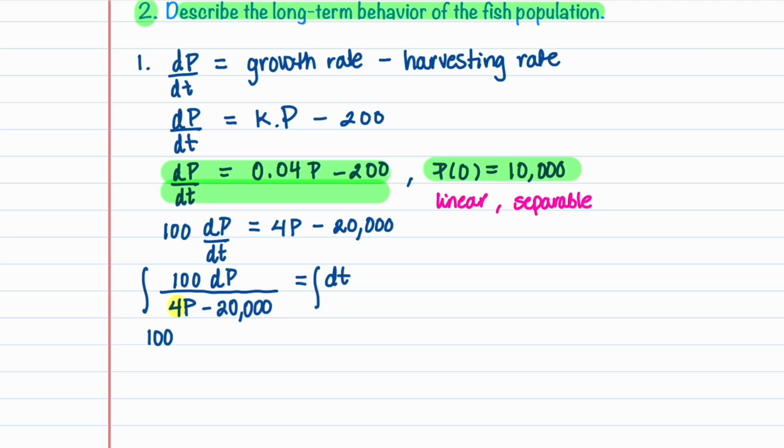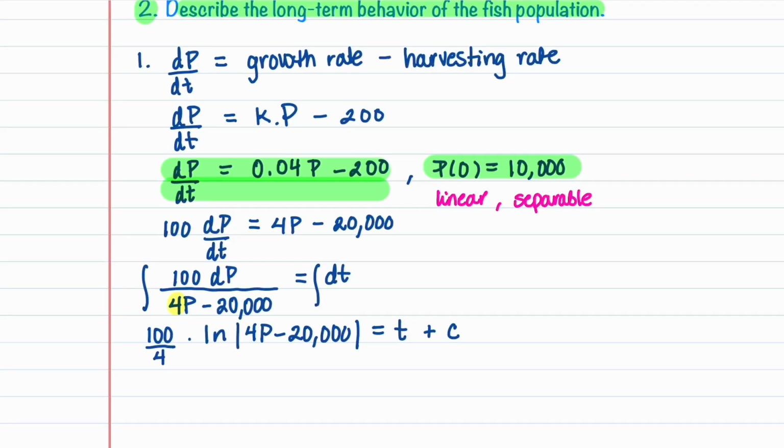So we are going to have to divide by 4. And that gives us natural log absolute value 4p minus 20,000. And on the right-hand side, we have a t, and then we add on our arbitrary constant plus c.